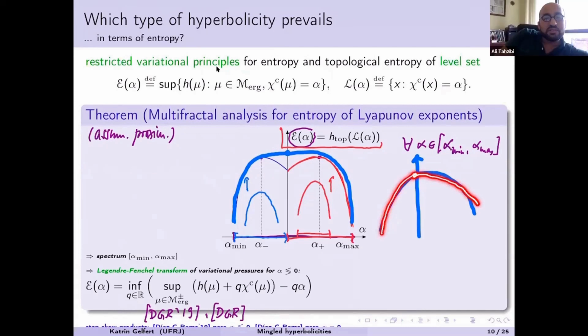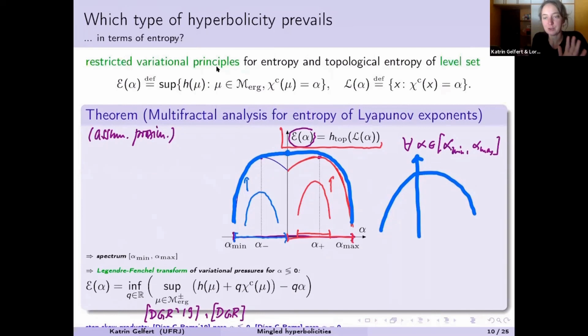Because in the first picture it seems that you have infinitely many measures of maximal entropy. Just comparing with the partially hyperbolic setting, you can guarantee that you have finitely many ergodic maximal entropy measures. This is why I'm worried.